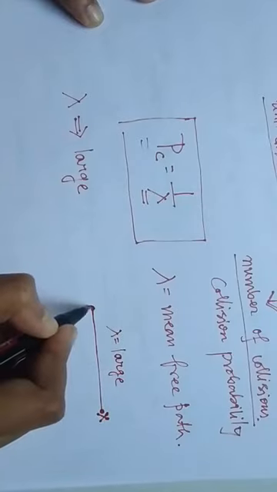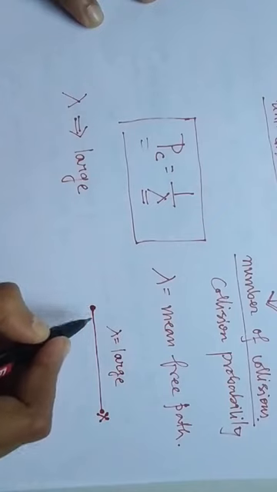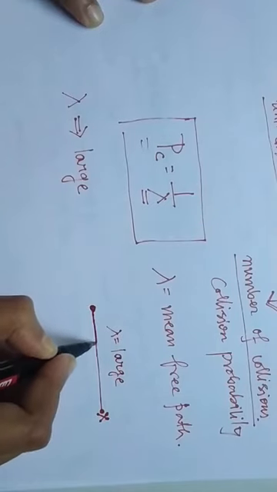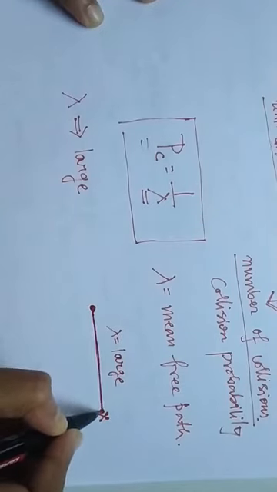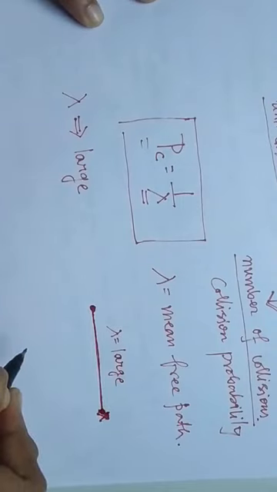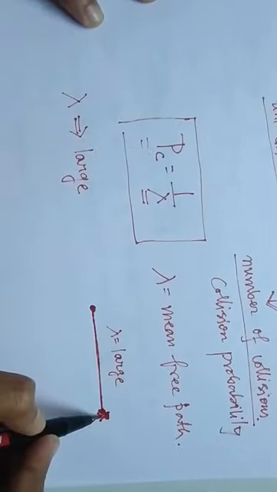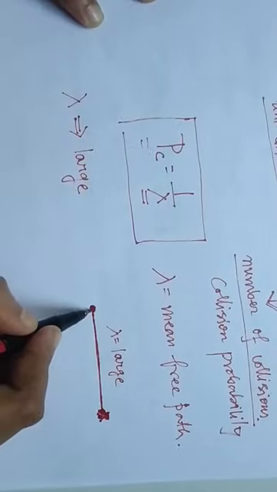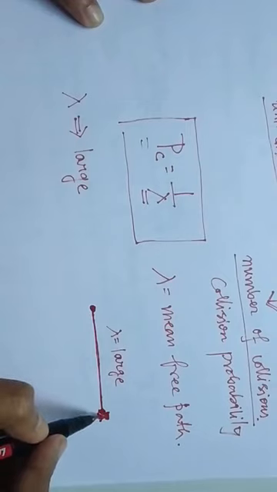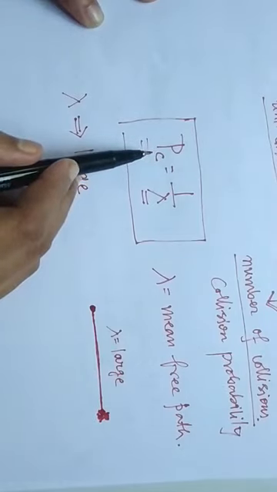Suppose a molecule suffers one collision over here, then it will travel this large lambda before suffering another collision. It means that the probability of collision is less. It has to travel a great distance before suffering another collision.